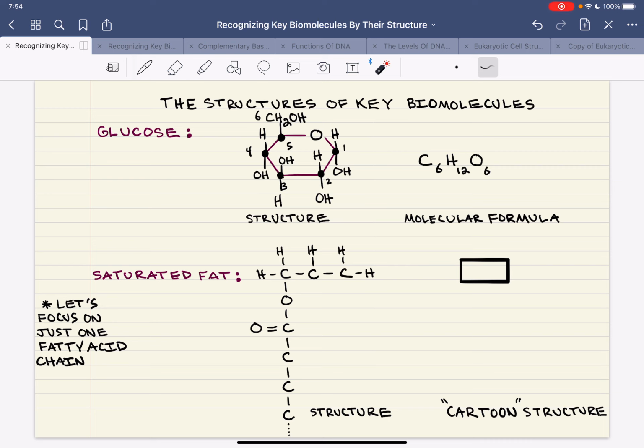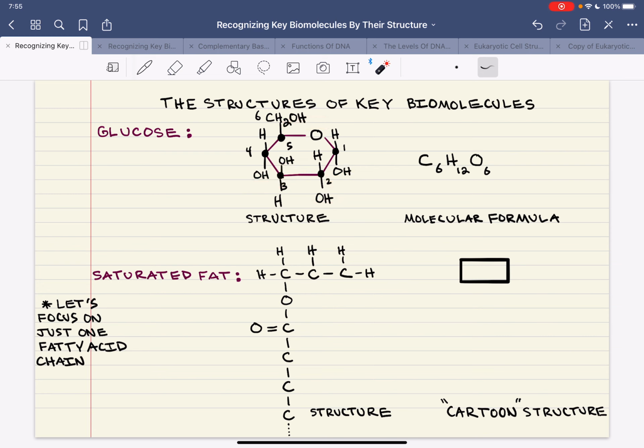One last thing I want to point out about glucose, which relates to our part 1 video from chapter 3. Remember I said one of those 4 functional groups that we covered, hydroxyl groups, right? OH. I told you in the part 1 video that hydroxyl groups are commonly found in carbohydrates, which glucose is an example of. And you can see that right here. There's how many? 1, 2, 3, 4, 5 of them.